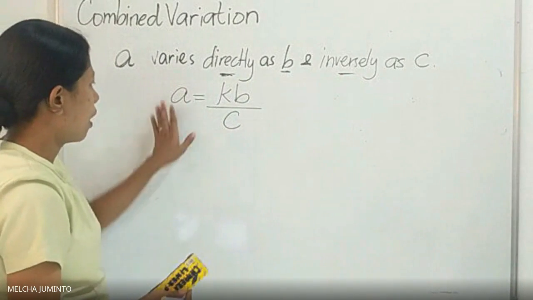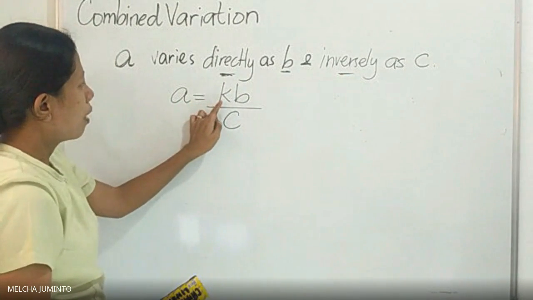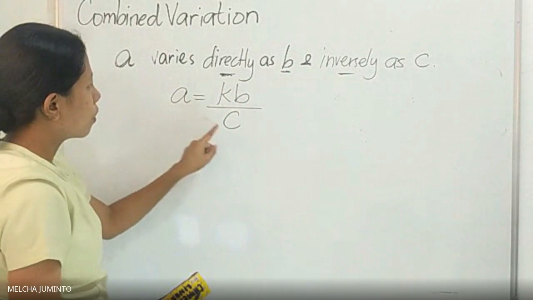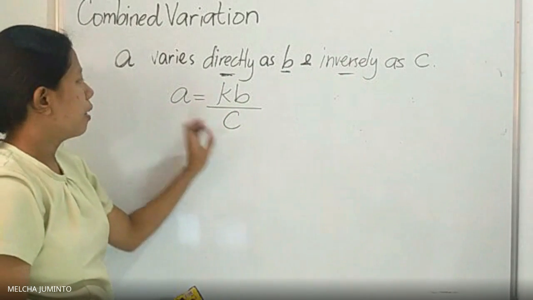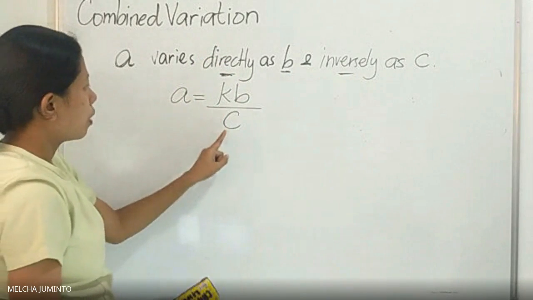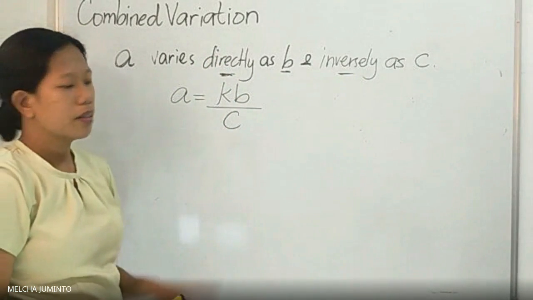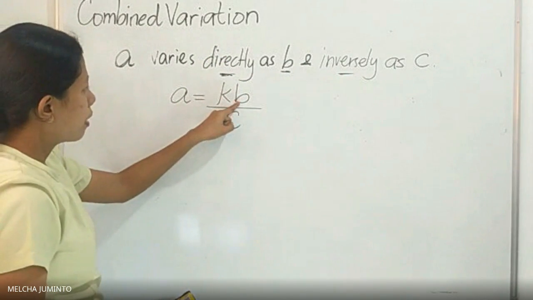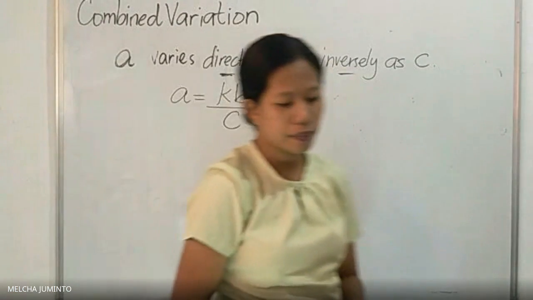So we have now A equals K times B all over C. The directly should be in the numerator, the inversely should be in the denominator. So we have A varies directly as B and inversely as C.